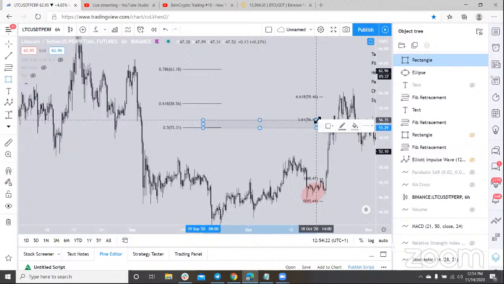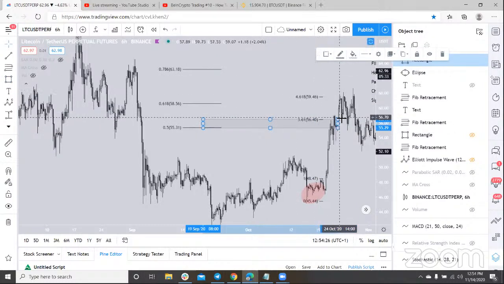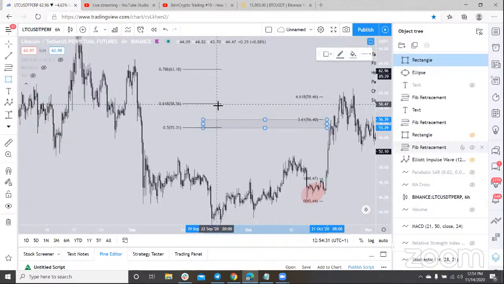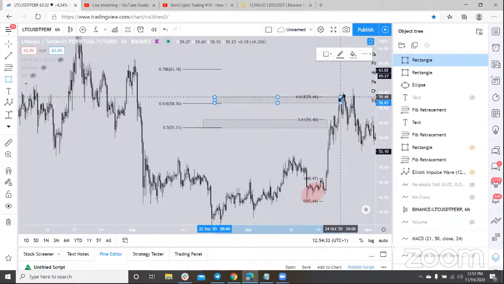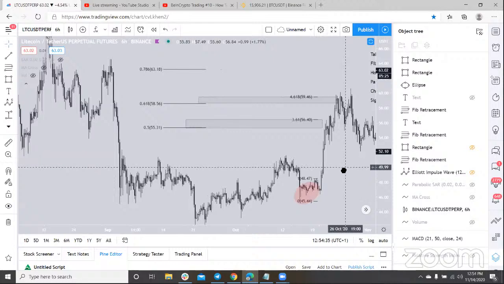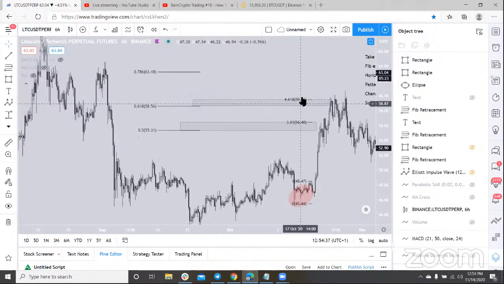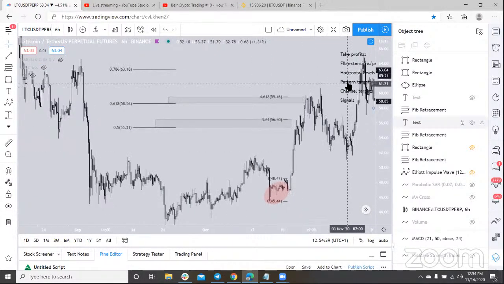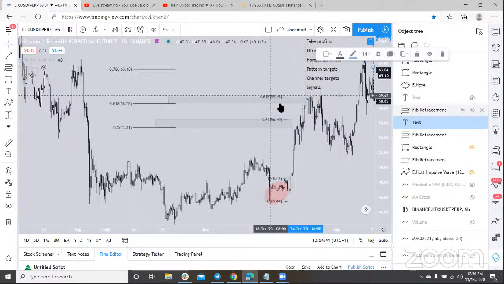So this is a valid take profit area, right? You have a good confluence here, valid take profit area. Same with this. So yeah, if I were trading Litecoin, these two would be my take profit levels. So 0.5 and 361, 0.618 and 461.